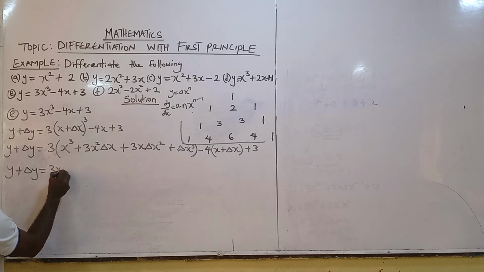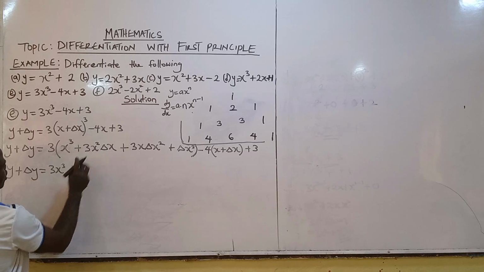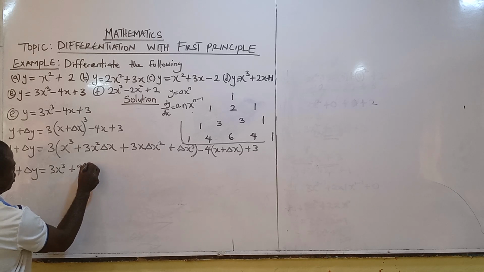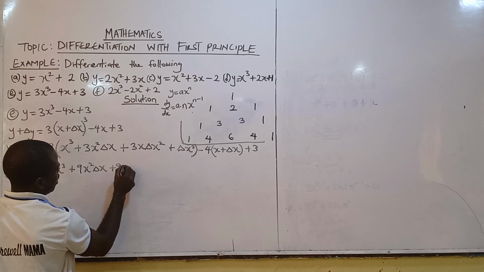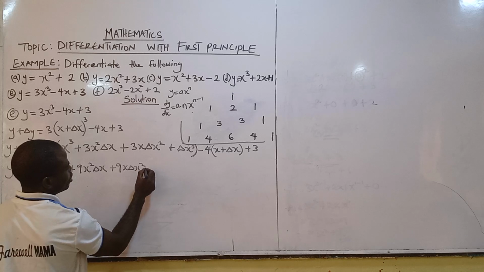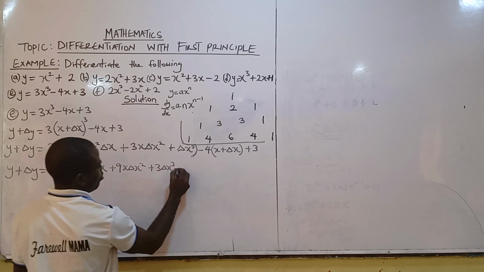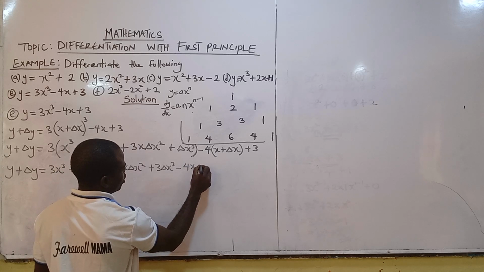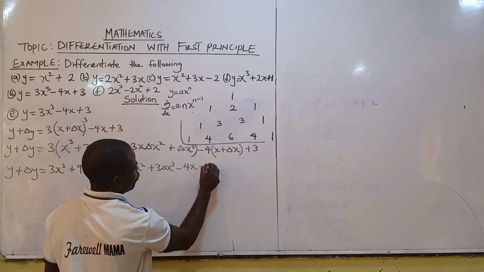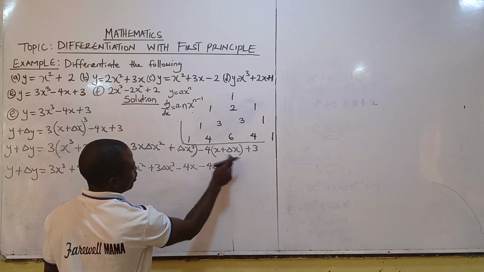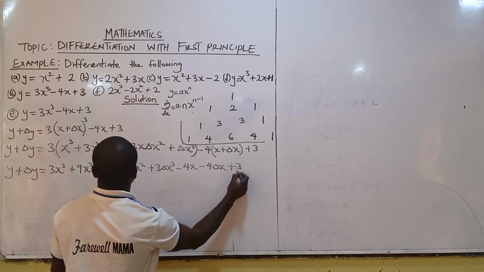Let's open the bracket, 3x cubed plus 3 times 3, 9x squared dx, 3 times 3 plus 9x dx squared plus 3 dx cubed minus 4x minus 4 dx, so minus negative, we turn this positive negative, plus 3, lovely.